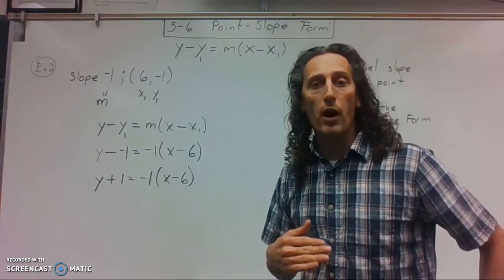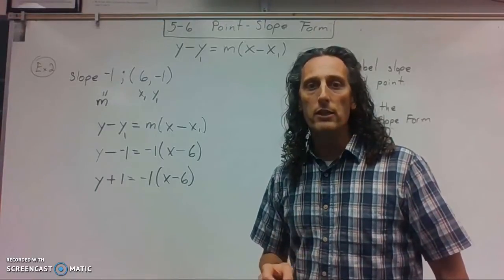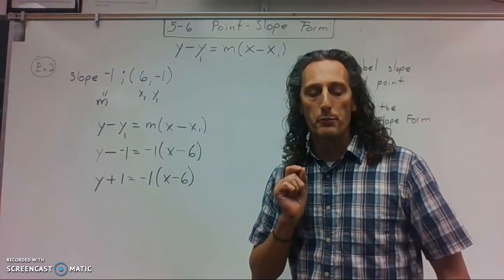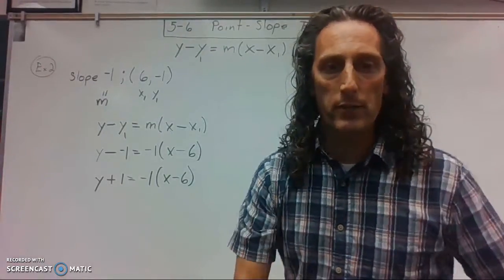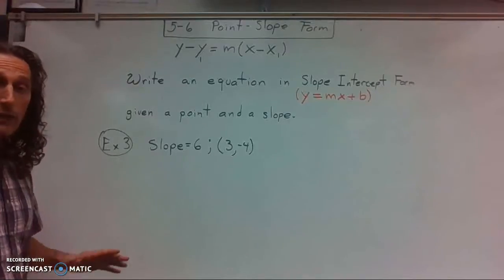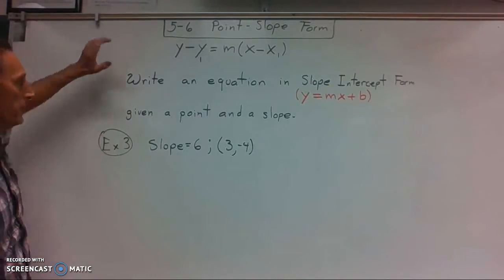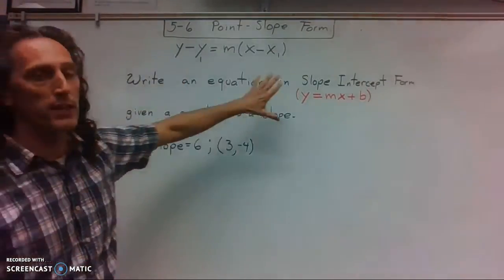Now we're going to move on to what happens if they wanted us to take it all the way to the y-intercept formula. So make sure that this is all copied down. All right, so now you're probably going to need to hit pause somewhere, because you're going to need to write down this new set of instructions.